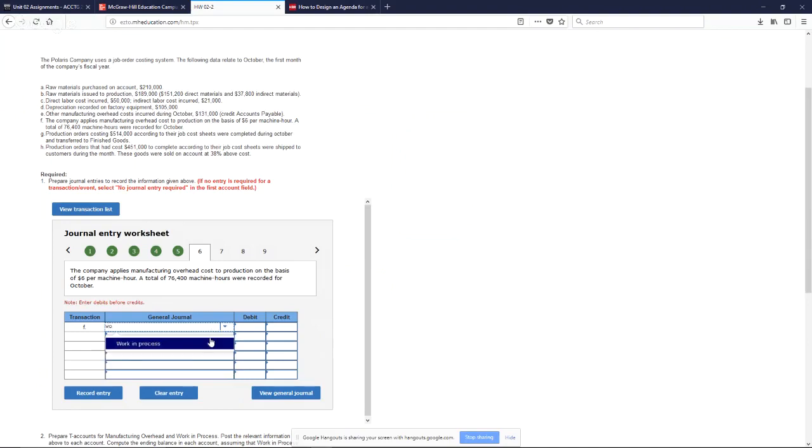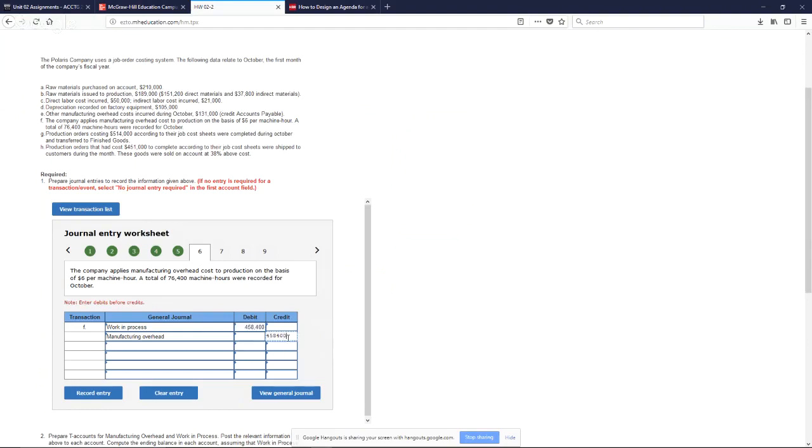Right. So work in process. I got to get that down. Work in process. I think this one's right here, but when I looked it up in my notes, I think it was right.